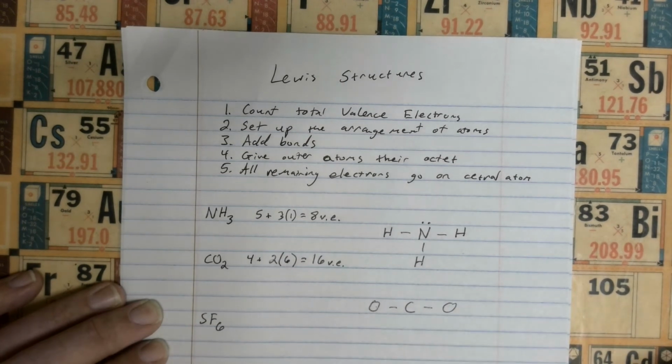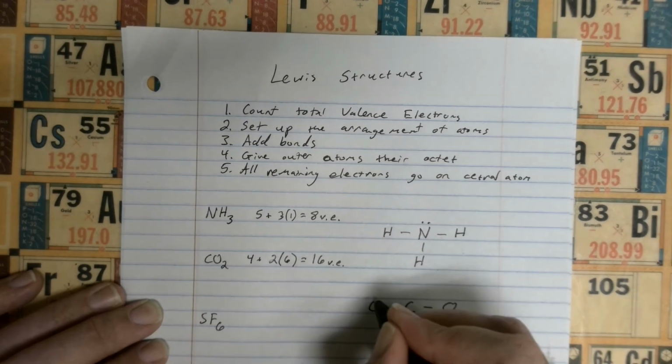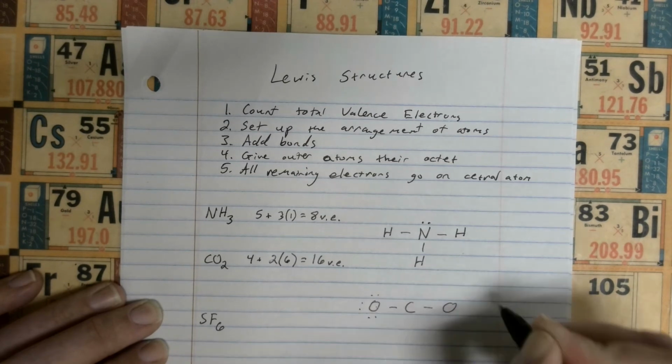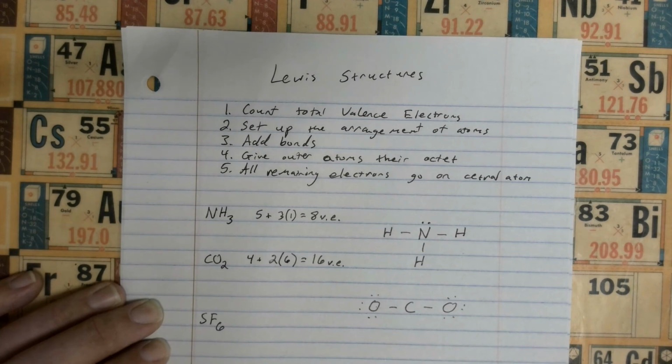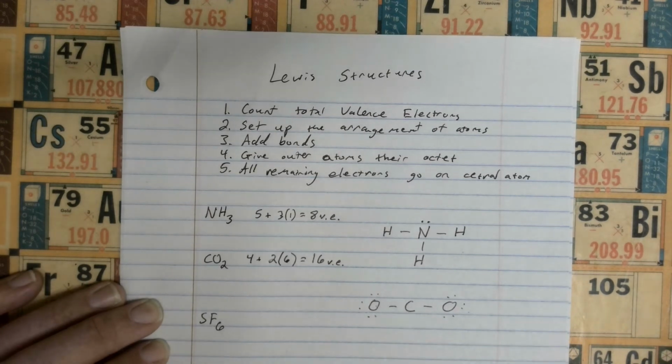Go through, add the bonds, then give the outside their octet. And then any remaining go on the central atom. 2, 4, 6, 8, 10, 12, 14, 16. Well, I've used all my electrons, and carbon isn't happy because it only has 4 electrons.